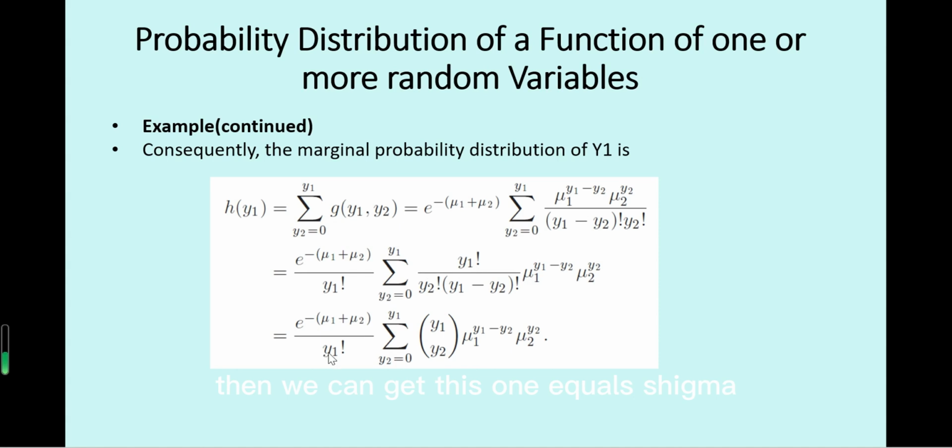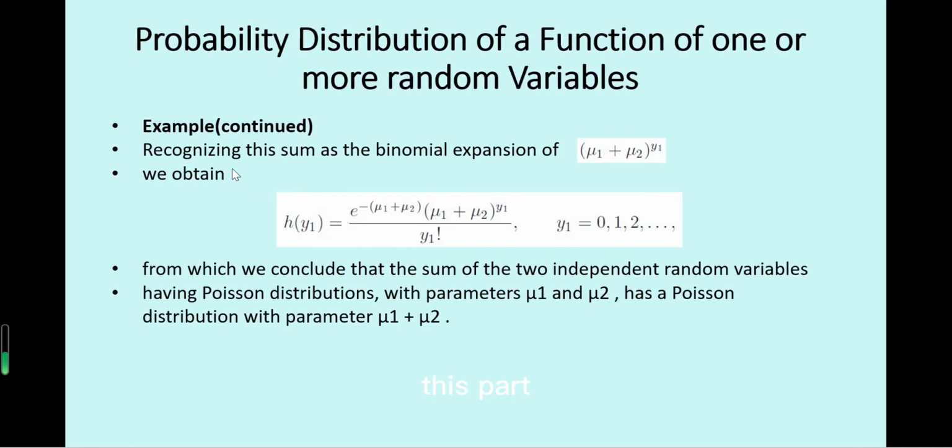Then we can get this one equals the sum of the combination C(y1, y2) times mu1 to the power y1 minus y2, then times mu2 to the power y2. Take a look at this part. This part is the binomial expansion of mu1 plus mu2 to the power y1.